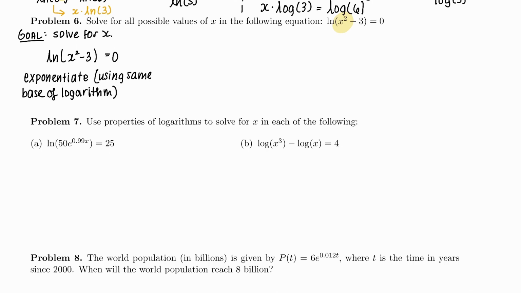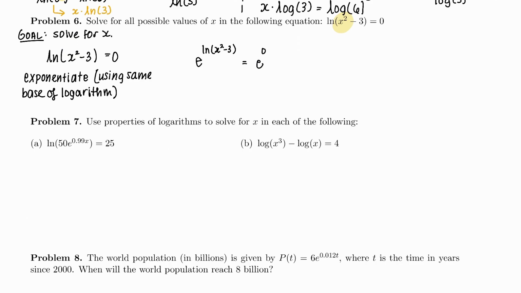So when I exponentiate, I'm going to take both sides of my equation and do e to each power. Okay, let me just write it down, and then you'll see what I mean. Okay, see what I mean? It's like I took both sides of the equation and raised e to both sides.